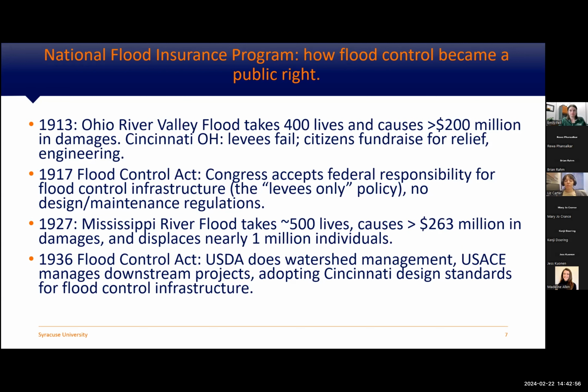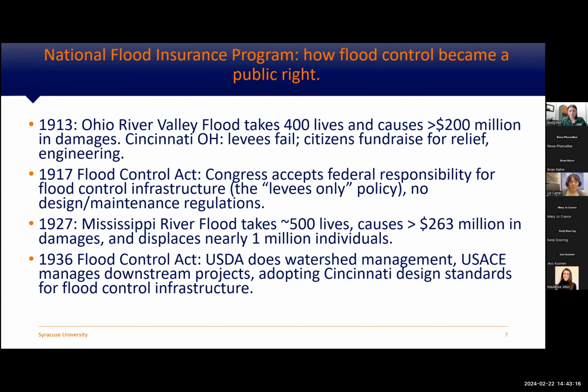And we have a flood on the Mississippi River that takes 500 lives and causes, again, hundreds of millions of dollars in damages and displaces 1 million individuals. So what came out of this is that building levees isn't enough. We need to build levees that are strong enough to protect us in the event of a flood.